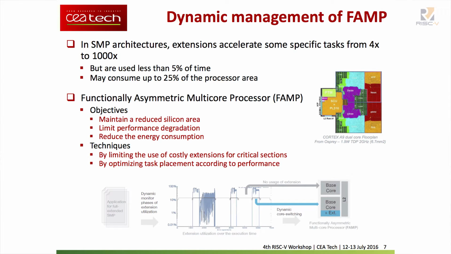So that's why we are developing functionally asymmetric multicore processors, which have the same ISA, but without accelerators. The main objective is to reduce the silicon area of the chip while maintaining the performance of critical sections, for example. How do we do that?